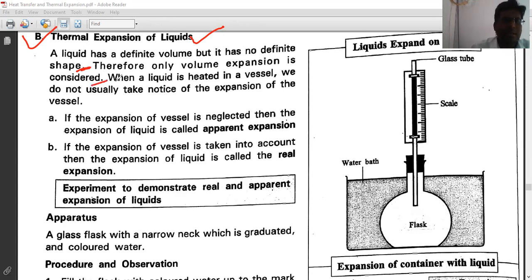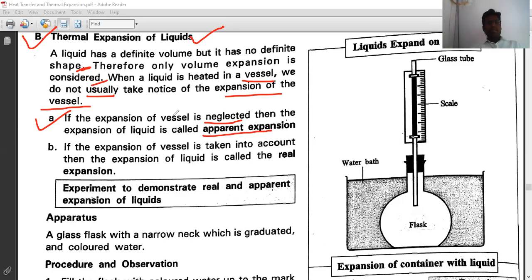expansion is considered. So when a liquid is heated in a vessel, we do not usually take notice of the expansion of the vessel. But when we are heating the vessel, both expansions happen: liquid expansion and expansion of the vessel. When the expansion of the vessel is neglected, the expansion of the liquid is called apparent expansion.